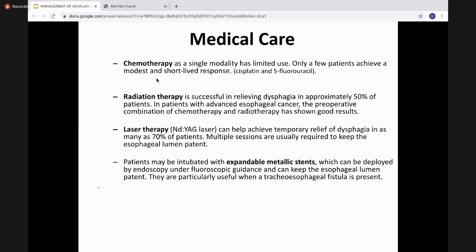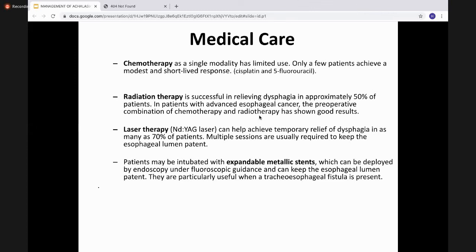So chemotherapy itself can be given if the patient is not fit for surgery, or radiation therapy can be given to relieve the dysphagia. About 50% may be temporarily relieved, or there might be some combination of chemotherapy and radiotherapy.